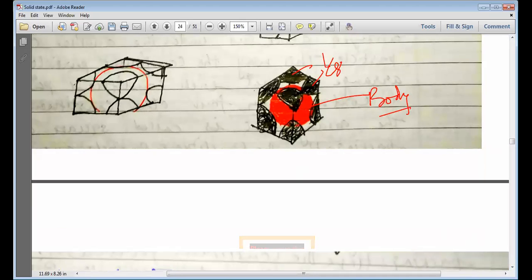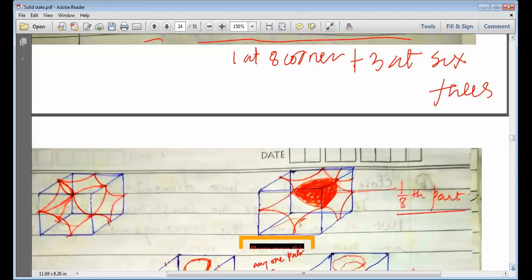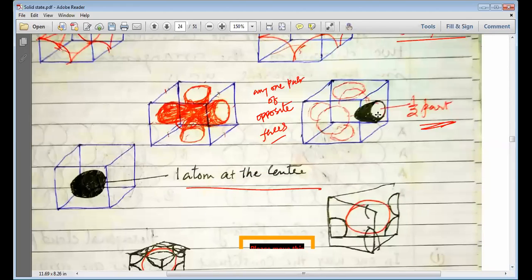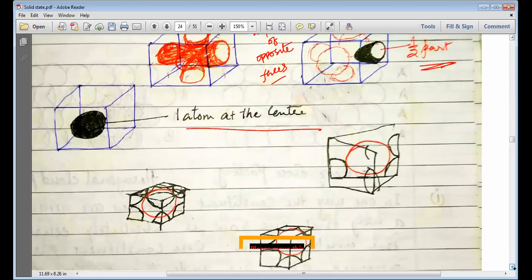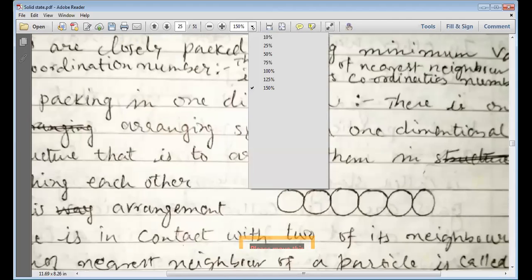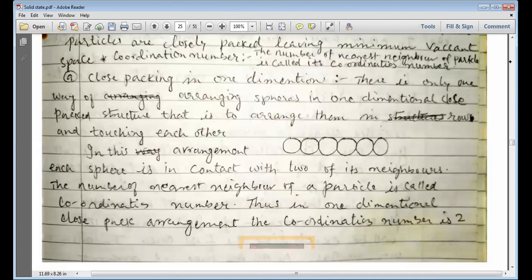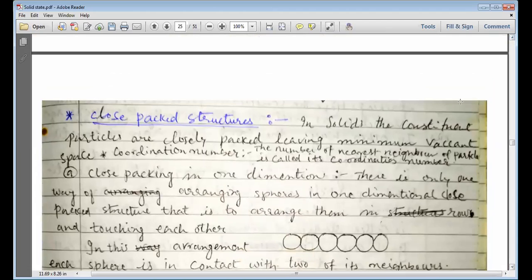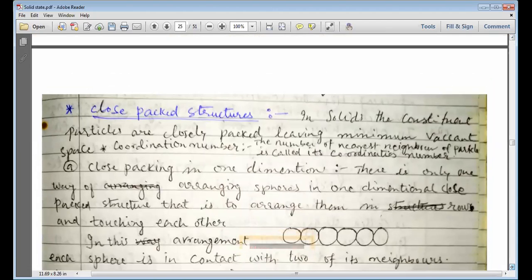This is how you can easily understand that 1/8 of each particle is present on the corner. If the particle is present at the center of the body, it is completely present, and if the particle is present on the faces, then it is half shared. So half of the particle is present in the given unit cell, and half of the particle is present in another unit cell. So this is how, my dear students, we understand the various types of unit cell and the total number of particles present in them.